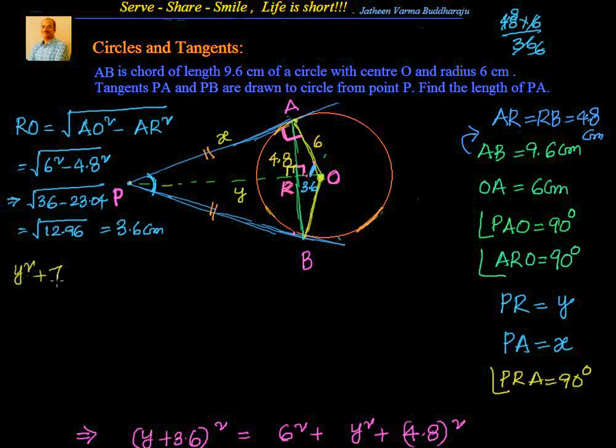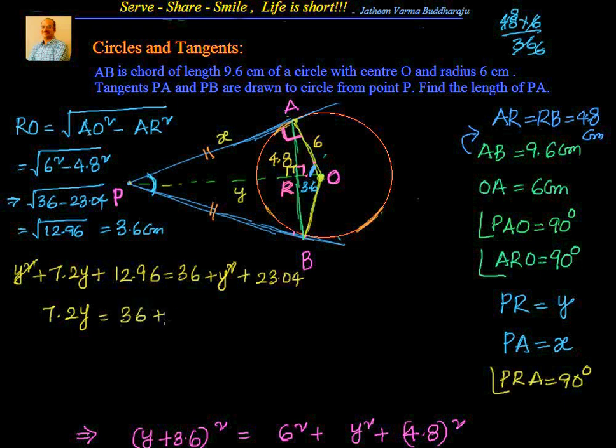Let's simplify this and find out the value of y. For that we'll expand. We will say y square plus 2ab, that is 7.2y, plus 3.6 whole square, that's 12.96, equal to 36 plus y square plus 4.8 whole square, that is 23.04. So y square will cancel. We will have 7.2y equal to 36 plus 23.04 minus 12.96.